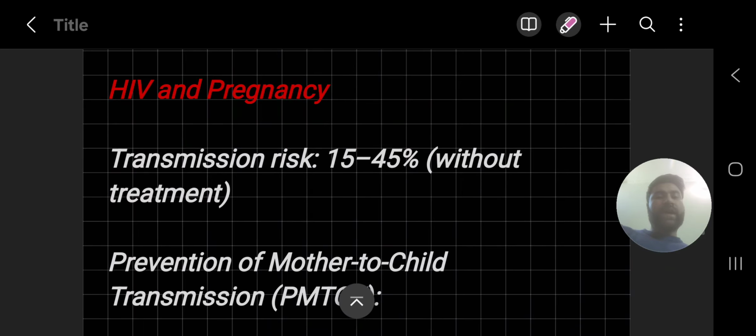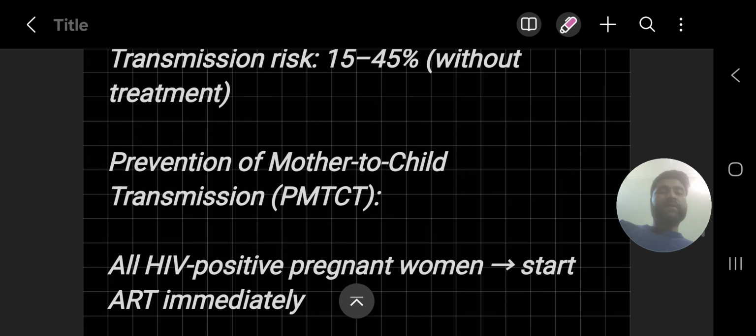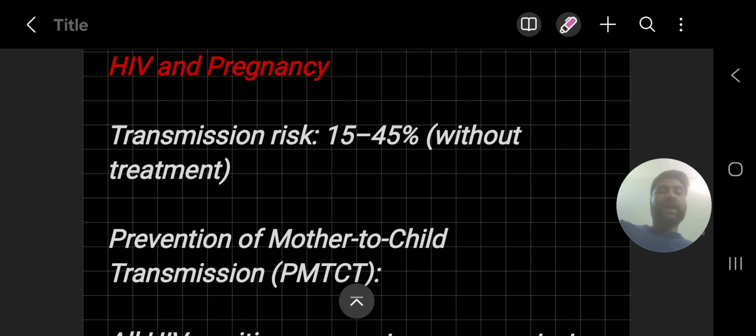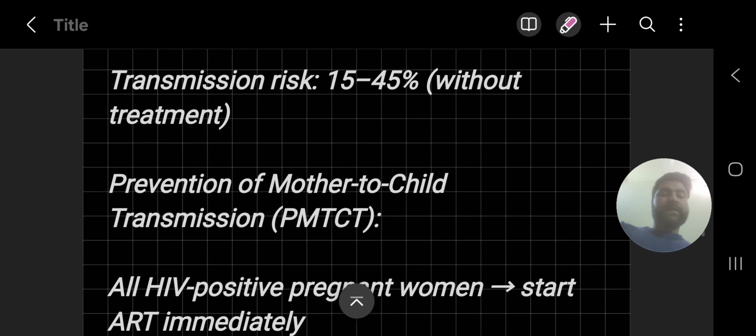Then HIV and pregnancy. In HIV, the transmission risk from mother to the fetus is 15 to 45%, and you have to avoid this transmission, especially at the time of delivery. Four factors are mainly important for decreasing the transmission risk. First one is cesarean section.